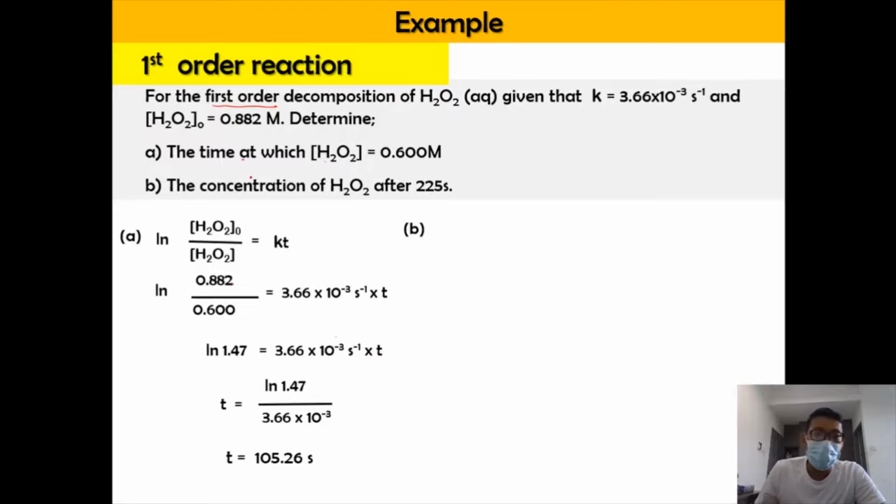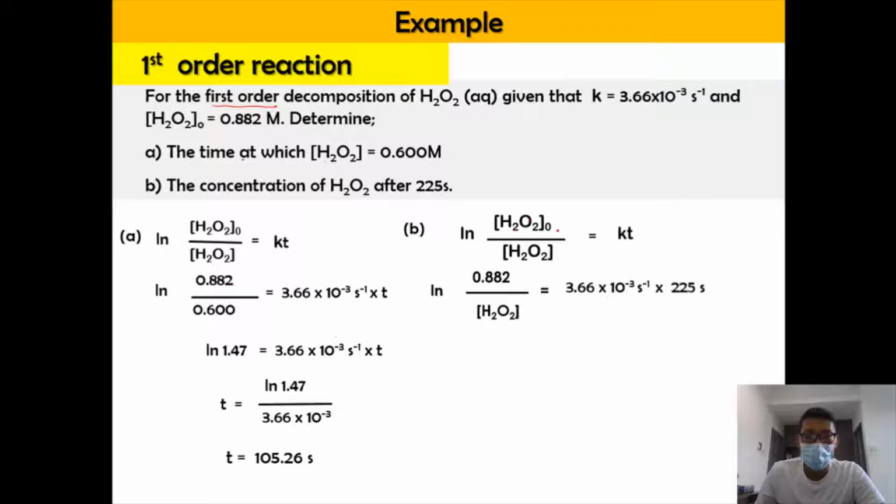Now we're going to find the concentration of H2O2 after 225 seconds. Okay, so we can use the same technique where we know the initial concentration, which is 0.882, but we now need to find the new concentration after 225 seconds, and the rate constant can be plugged in here.